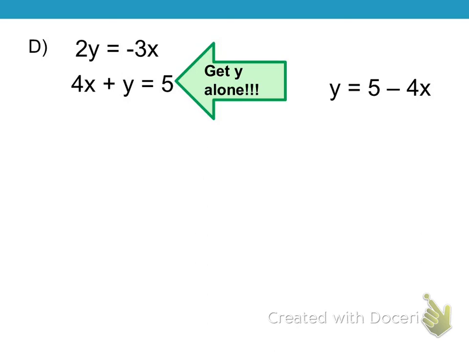Now, you want to plug it in for the y in the other equation. So this came from the second equation. I'm going to plug it back into the first.